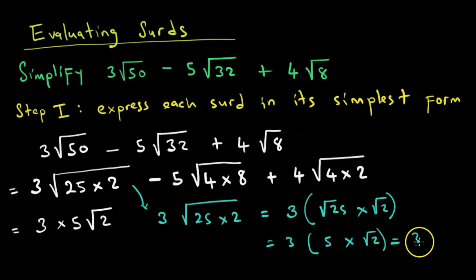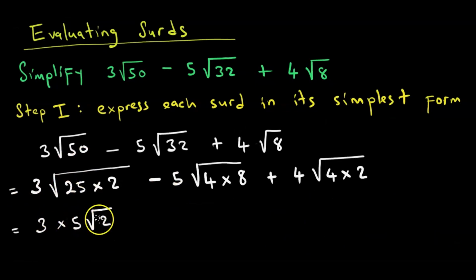It becomes 3 times 5 the square root of 2. Here I did a sort of jump step, but if you are not yet familiar with what we have done, I would encourage you to follow every step. Here I jumped because of familiarity.